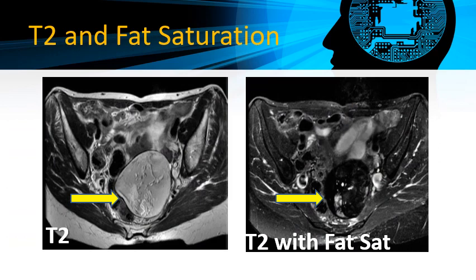This is another example of the fat saturation technique which indicates its ability for tissue characterization. We note that in the normal T2 sequence, there is a lesion deeply seated in the pelvis that exhibits bright signal intensity, while when we apply the fat sat technique, the lesion loses its signal and becomes dark.